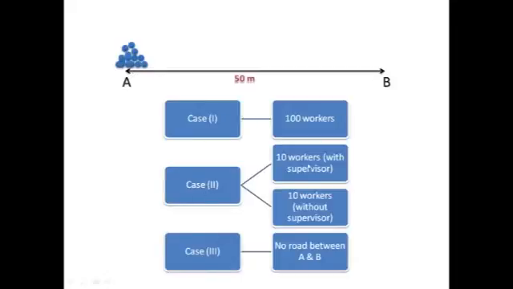So in case 2, each of these 10 workers individually picks up the stone at A, walks all along the way from A to B, leaves the stone there, comes back and then picks up the stones from A. Like that, molecules pick up the heat from the high temperature zone, go to the low temperature zone, leave it there, and again come back and pick up the heat.